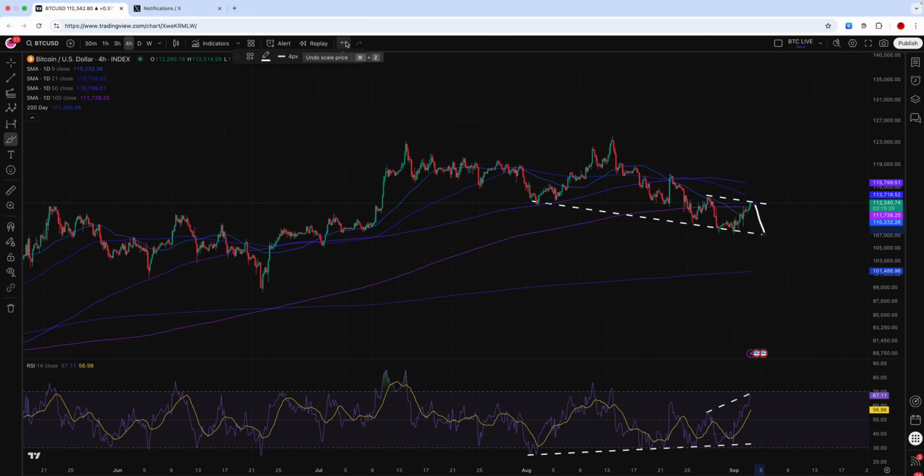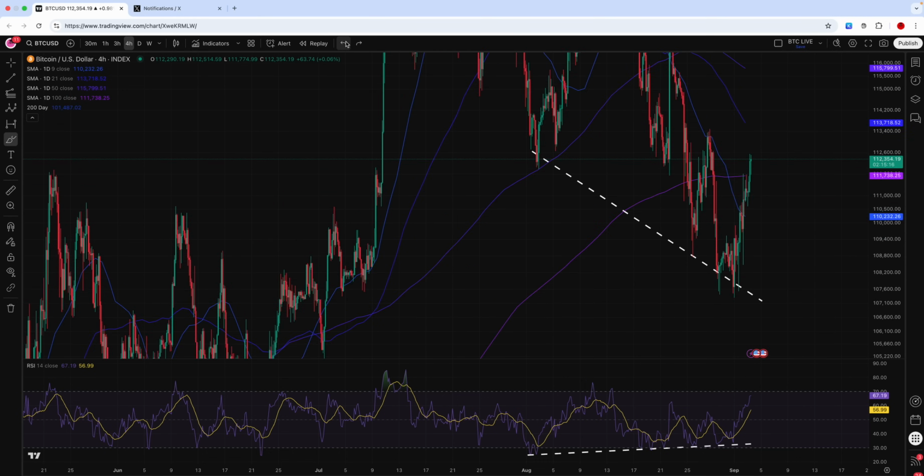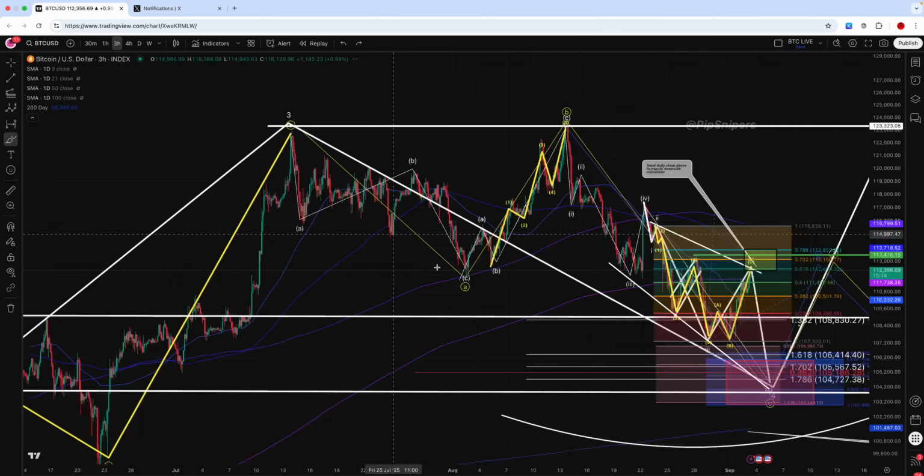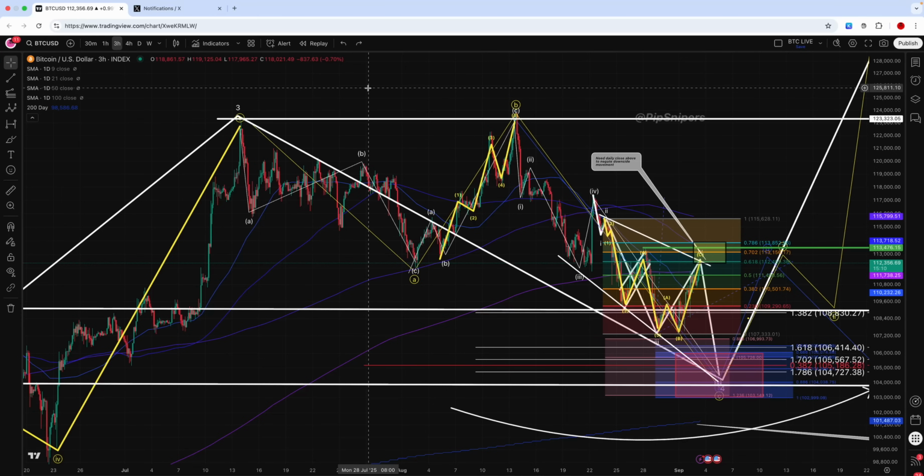So the bottom may not be in yet, but it's likely to be in very soon, considering we have that bullish divergence. Okay, now if we come down, don't panic. I know most of you guys, if not all of you guys, are altcoin heavy. Most of your portfolios are heavy in altcoins.